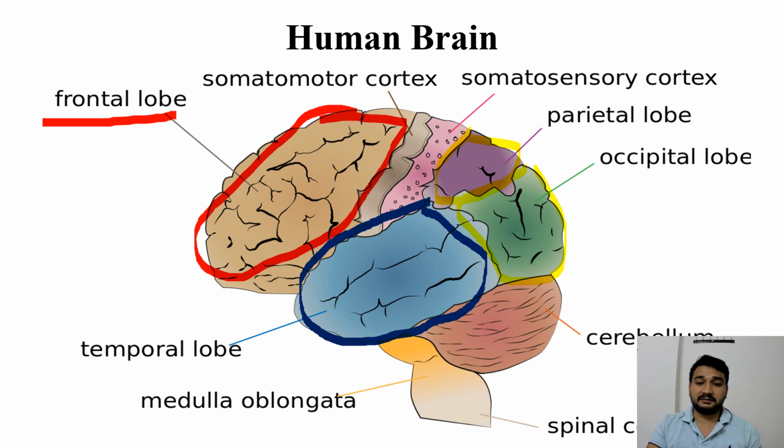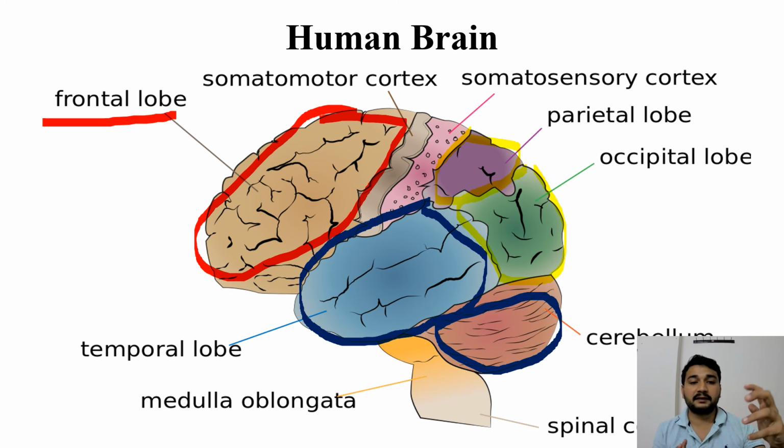And this is the cerebellum, which definitely helps in body balancing, and this is the medulla oblongata, which connects the spinal cord to the brain. These are the details about the human brain.